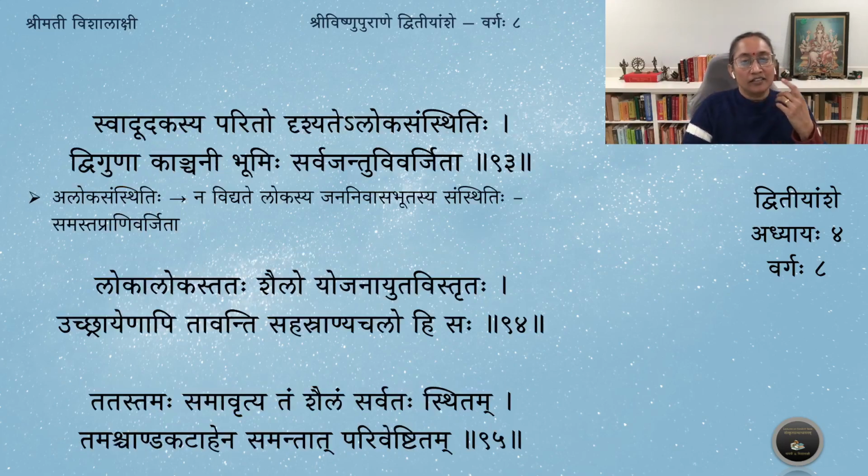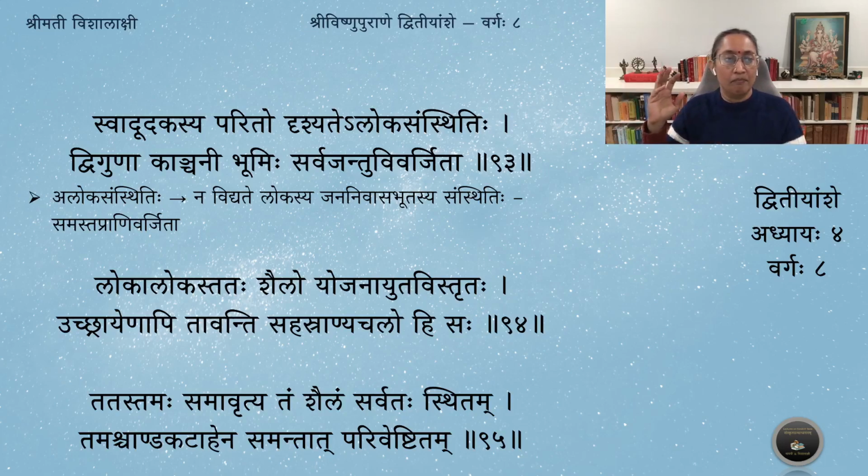Swadu udakasya paritah drishyate aloka samsthitih dviguna kanchani bhumih sarvajantu vivarjita. Surrounding the Swadu Udakam, the sweet waters ocean, there is a region which has no people at all in it.